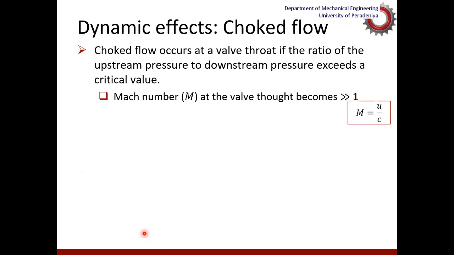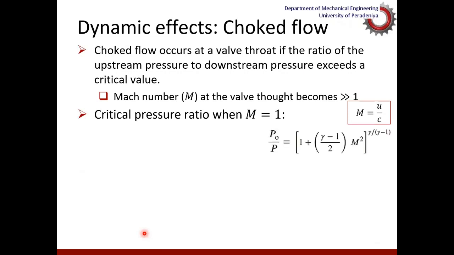Now we know that this flow becomes choked when the pressure ratio exceeds the critical pressure value. That is when M is greater than or equal to 1. So the critical pressure ratio is the pressure ratio when M equals 1. So for the pressure ratio, we have earlier obtained a relationship.